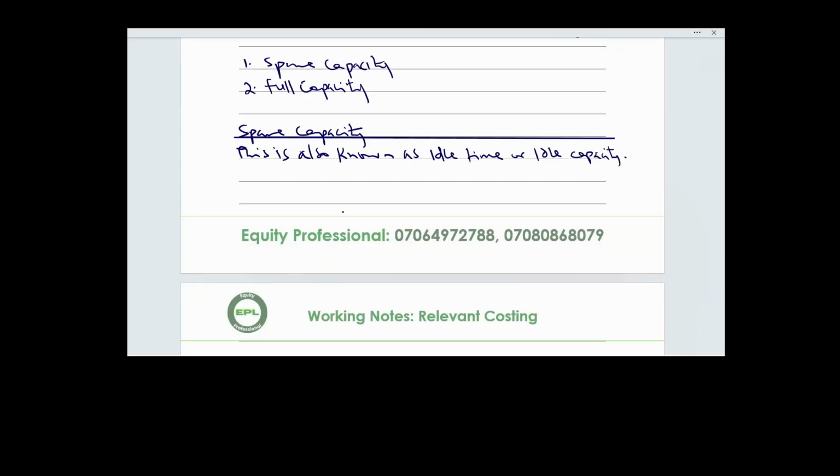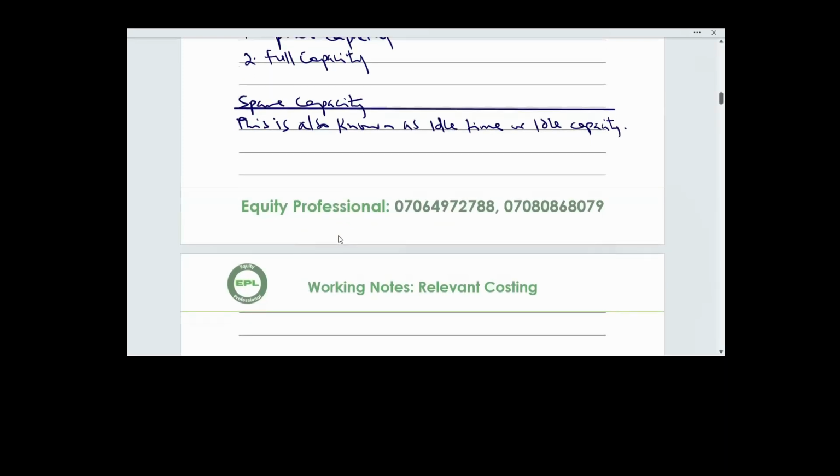Okay, so what do you mean by spare capacity or idle capacity?